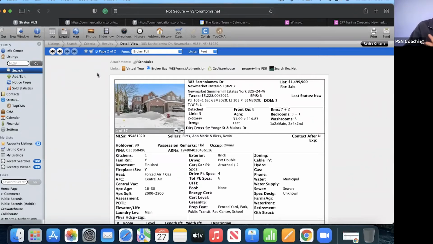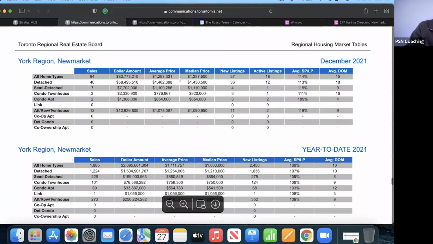Okay, so now that we know roughly the strategy is they're holding offers, we know the average price in this area right now for December is 1.462. We know that our last comparable sale, after we've seen it, we would probably be about 150 to 200,000 less.